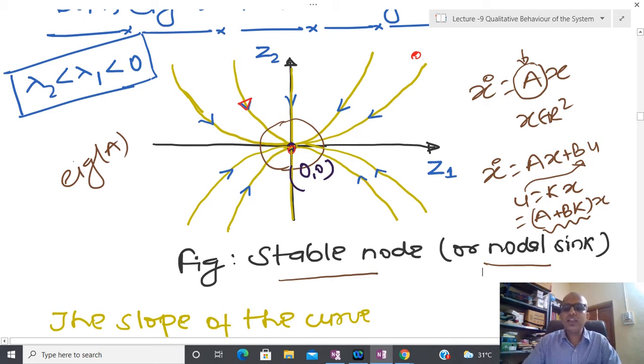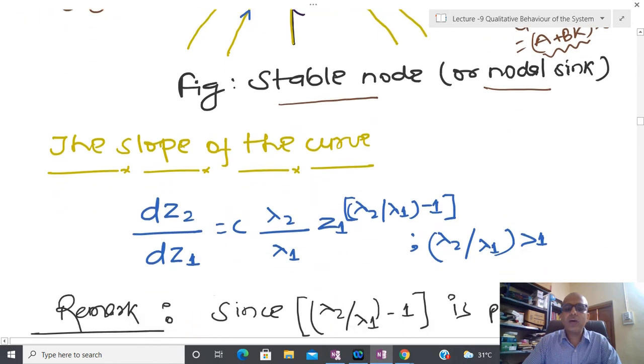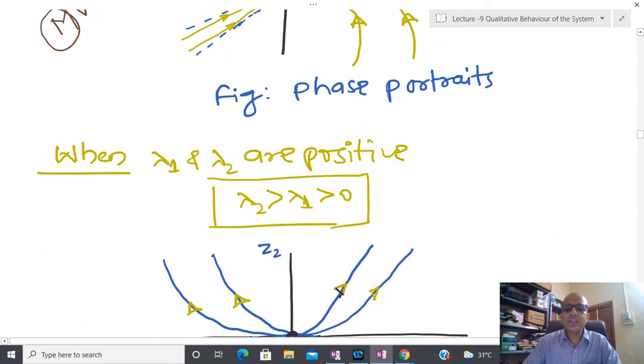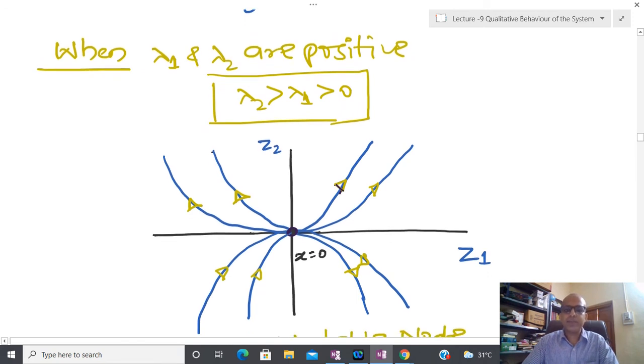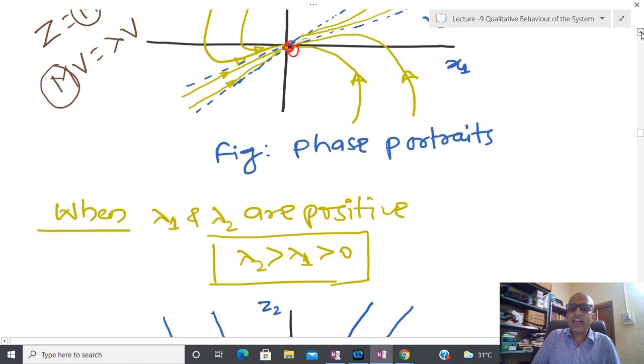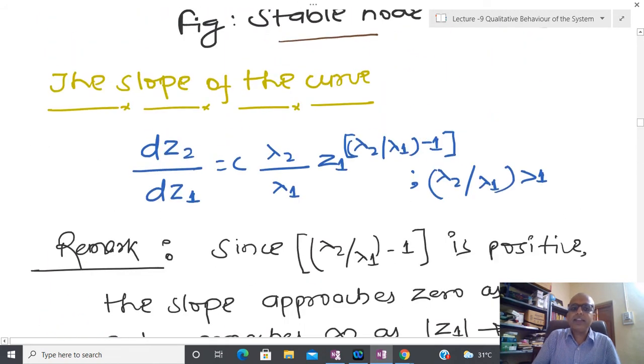Now I am going to the second case, where I consider that both eigenvalues are positive. If both eigenvalues are positive, the curve remains exactly the same, just the direction of the arrow is reversed. From the analysis I have done here, dz2 by dz1, you can put lambda 1 and lambda 2 and visualize it.